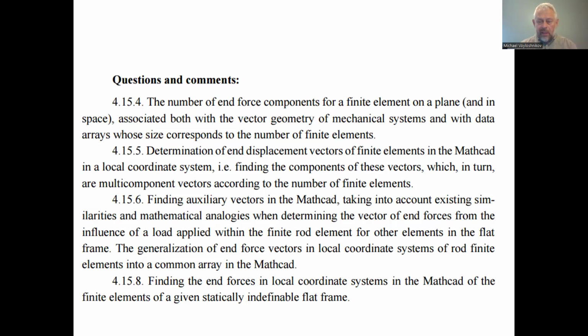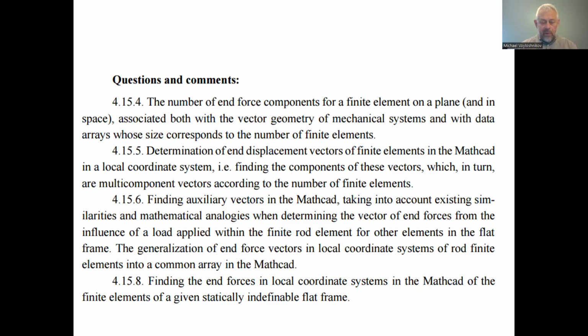We can define the rule of combining the separate force vectors into one array. So the computer algebra system Mathcad will consider these separate force vectors as one array, independent of the number of the finite element and the corresponding type of finite element.